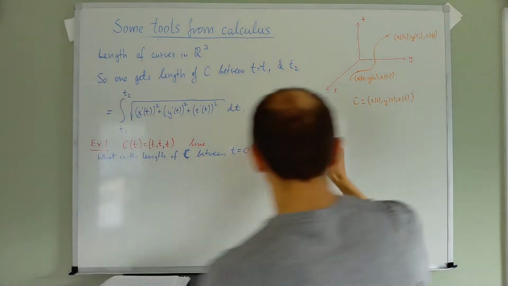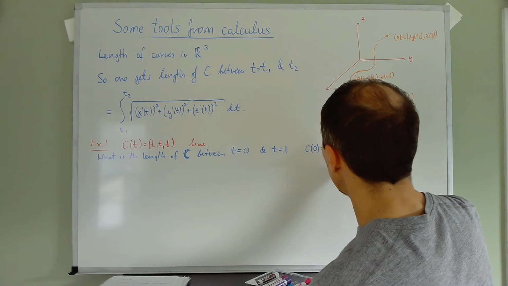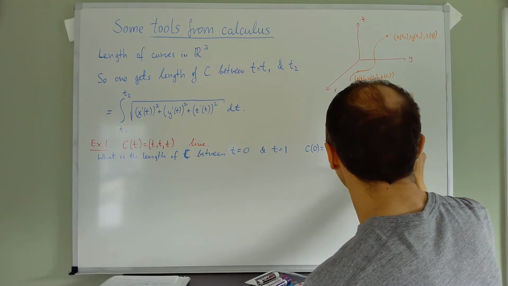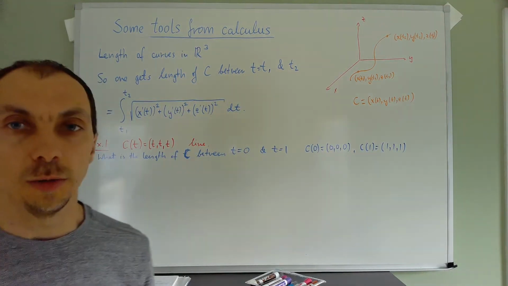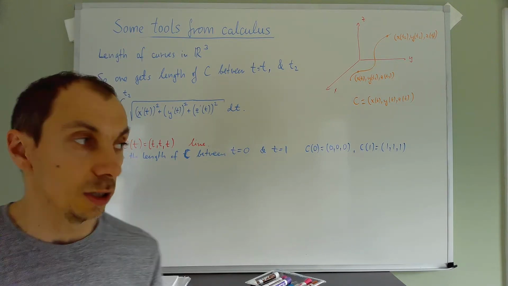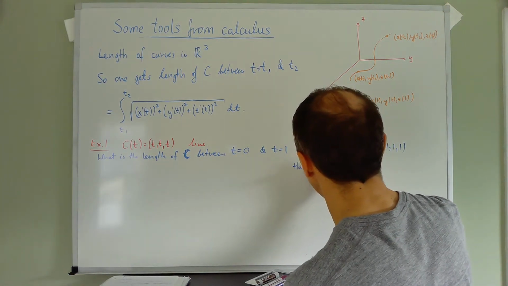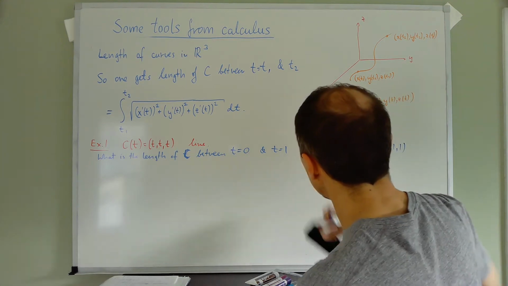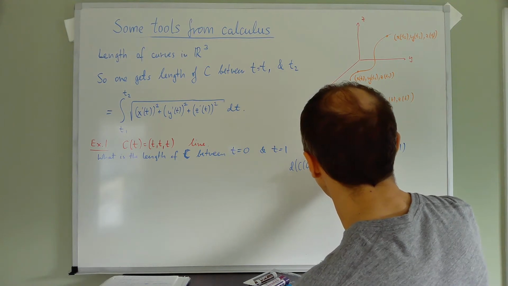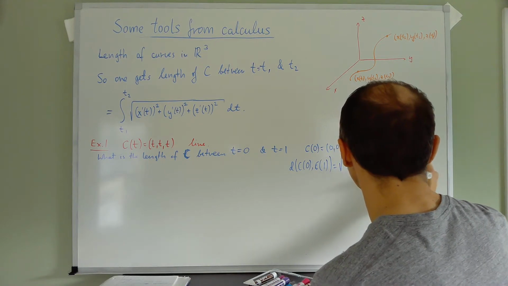Essentially this is just the length between the two endpoints. When t is 0, this is just the origin, and when t is 1, I get this point. Because this is just part of a line, we could just use the formula for the length of a line segment in R3, and we would get that the distance d between C of 0 and C of 1 is equal to the square root of 1 squared plus 1 squared plus 1 squared, which is the square root of 3.